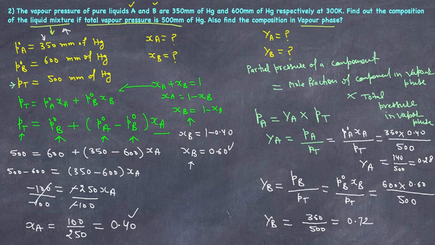We can also use the formula YA plus YB equal to 1, and YB is going to be 1 minus YA, because we already calculated YA over here. That will give us the same answer. So now we know YA and we know YB. So that's the composition of vapor phase.